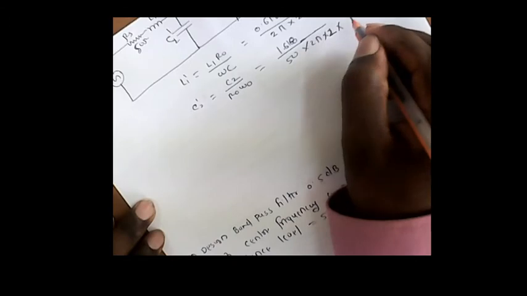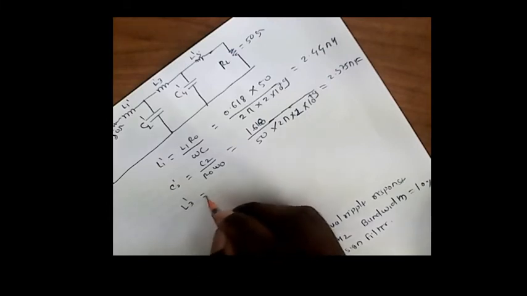Center frequency omega 0 is the center frequency, which is 1 GHz, 10 to the power 9. So which comes out to 2.575 nanofarad.